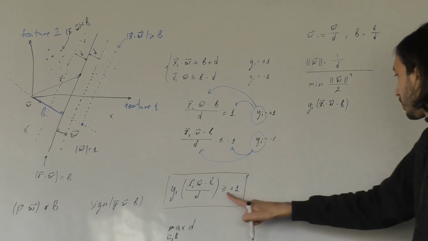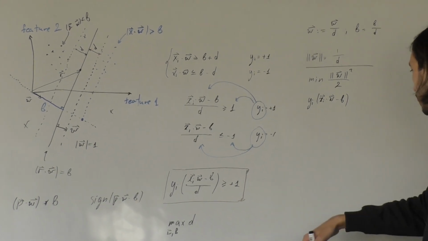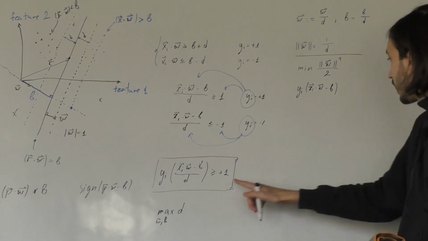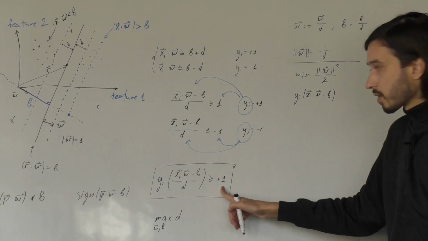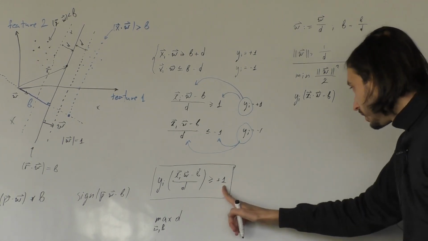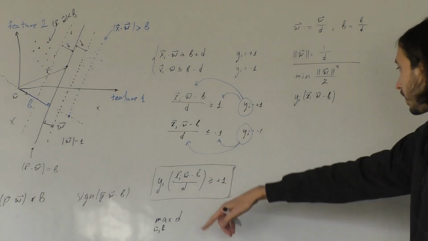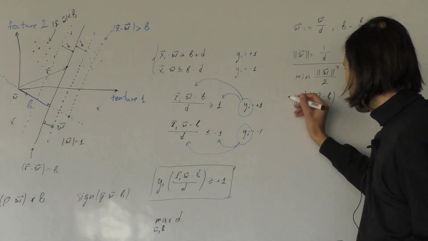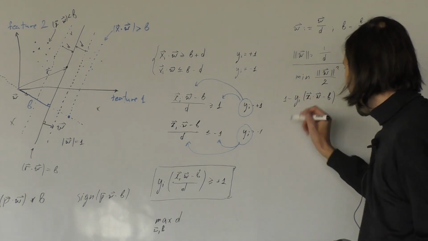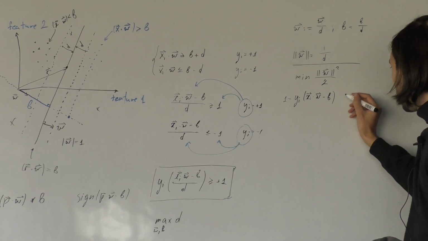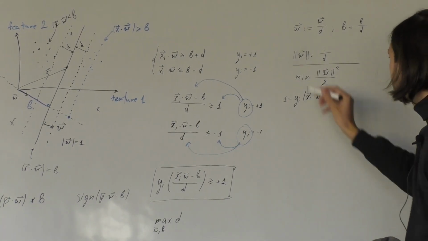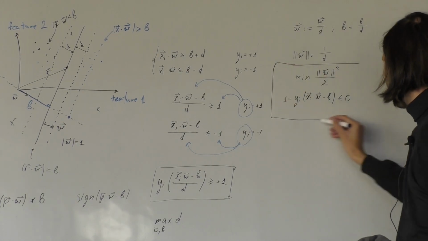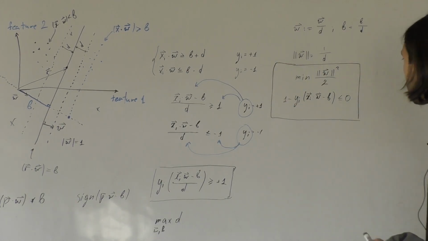Yes, so I should multiply that by a minus sign, and I should compare them with 0 to get to the standard form. So I will take this one to this side and multiply everything by minus 1. So where does it get me? 1 minus this thing should be less than or equal to 0.